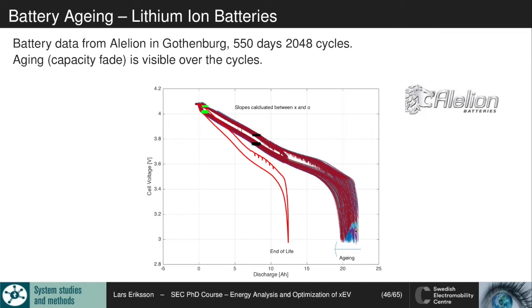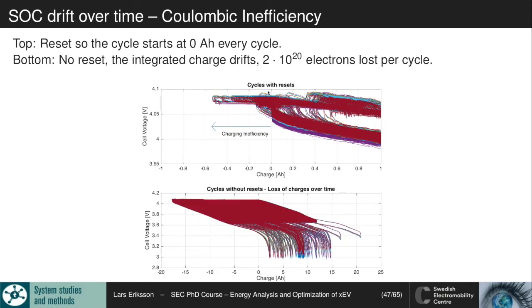If we just do that, the battery will drift. And this is an example here. The top one, we're doing reset after each cycle is completed. And we start always here in the charging down, and then when we come back up here, we have needed to put in more electrons than what we took out.